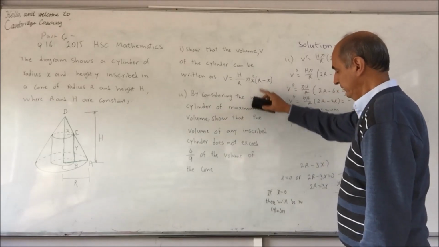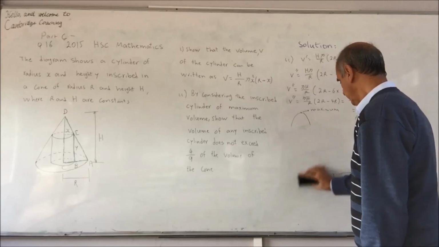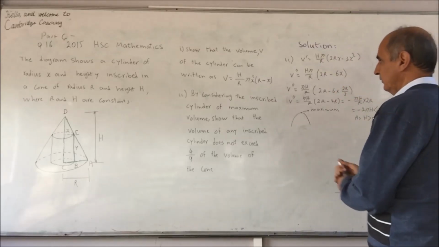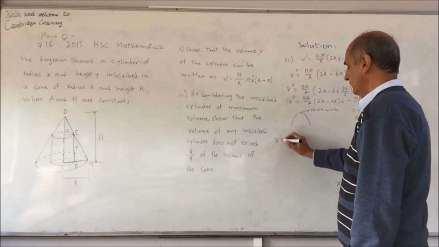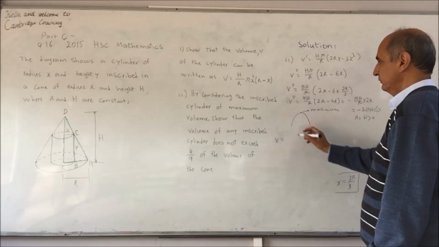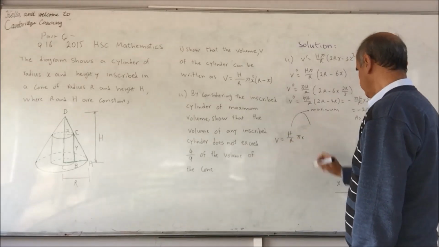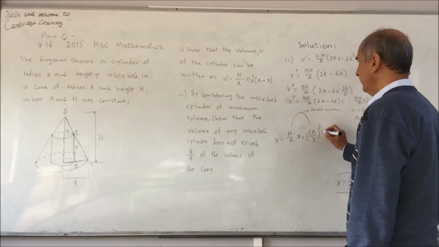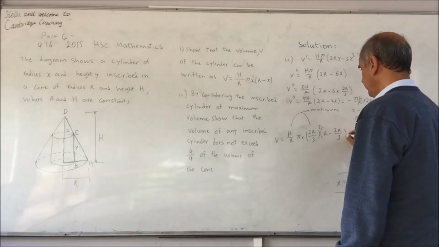We substitute into the expression for volume to find that maximum volume. So V is equal to this. I'm just substituting for x using this value. So V is equal to h on r pi times x squared, which is (2r on 3) squared, times (r minus 2r on 3).